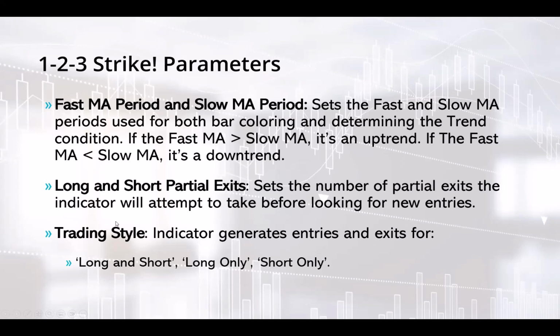And lastly, we have a trading style parameter. By default, the indicator will give you both long and short entry signals. But perhaps you may not be interested in going short. Perhaps you have an investment account where you can't even short a stock. Well, in this case, you can configure the indicator to only give you long signals and no short signals, or vice versa. Maybe you have a strong bias to the short side.